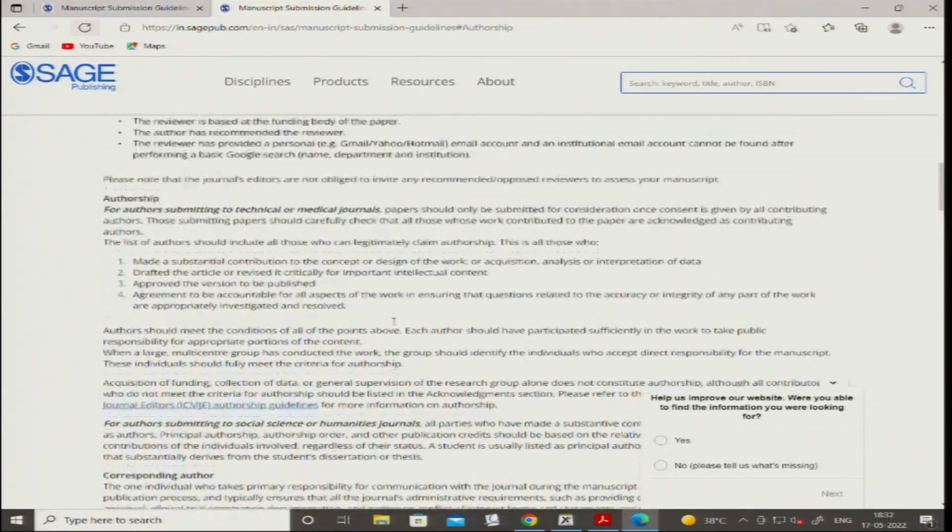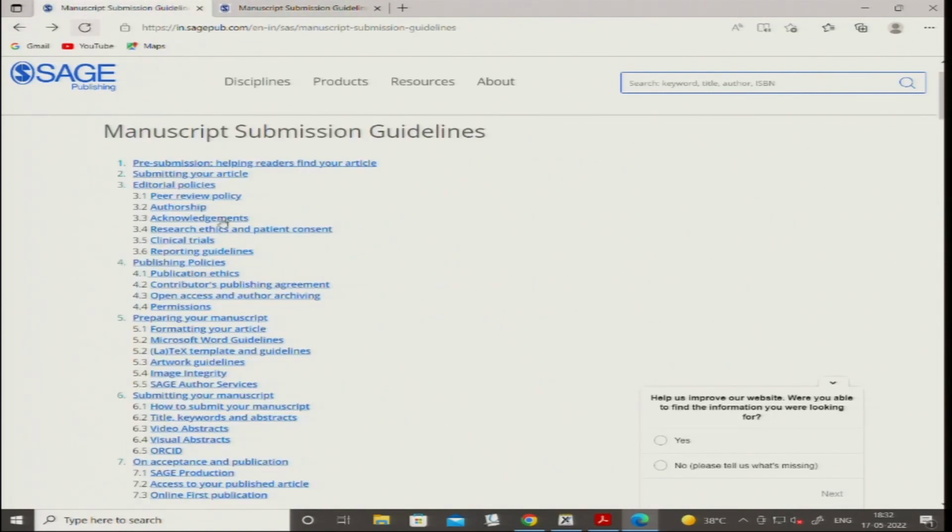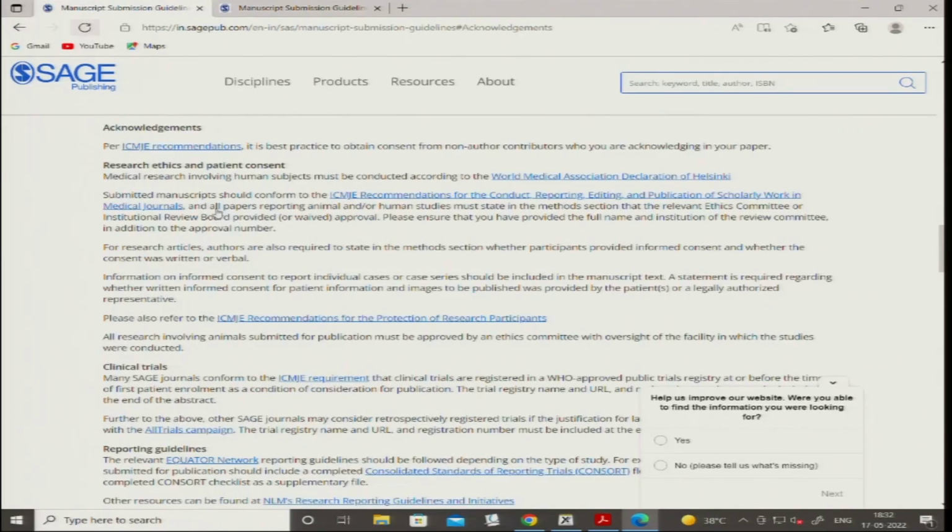You can read for yourself for your understanding. Okay, and then you can have acknowledgements where you have to make the acknowledgement. What is the proper format of acknowledgement when you acknowledge anybody's contribution in your research development, right? Other than the authorship, you acknowledge the other resources, funding resources.